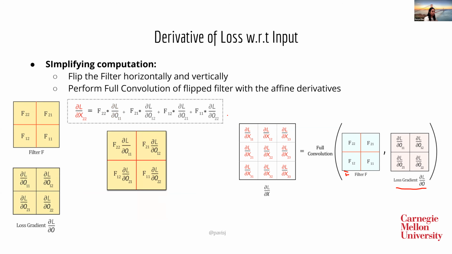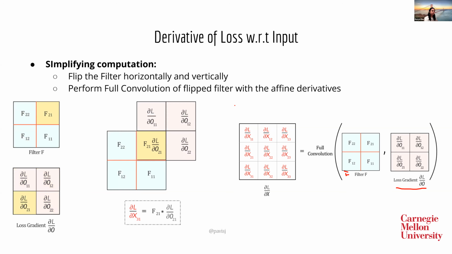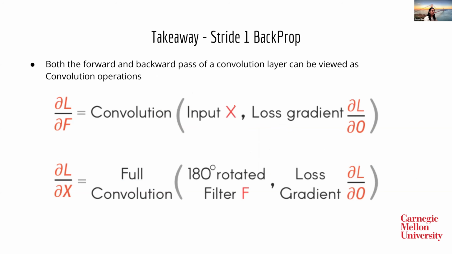So this is the stride one example, and let's first sum up the stride one backpropagation. In order to calculate the derivative of the filter, you need to run the convolution on the input x and the affine derivative map.